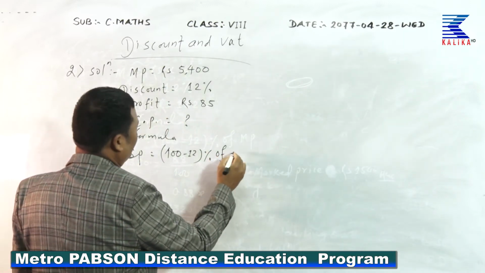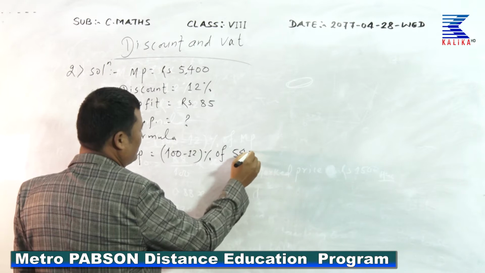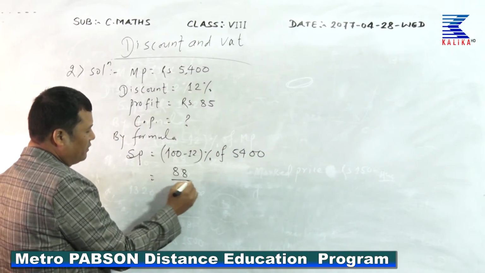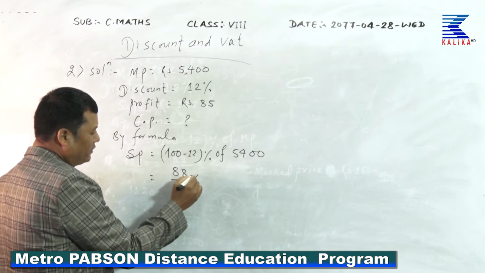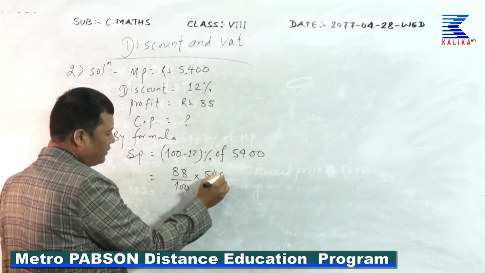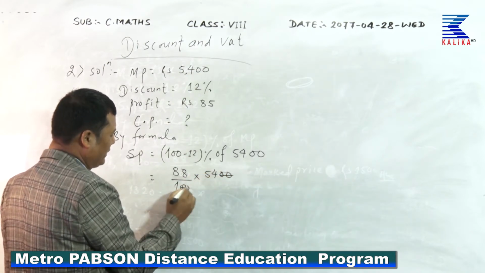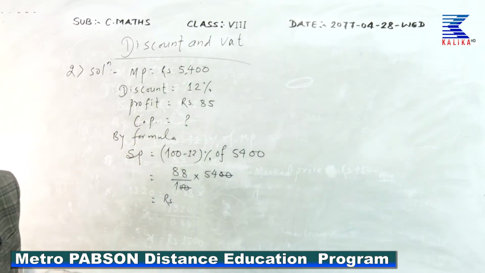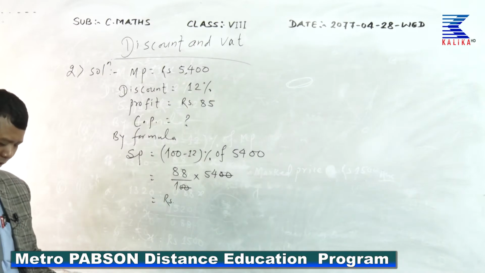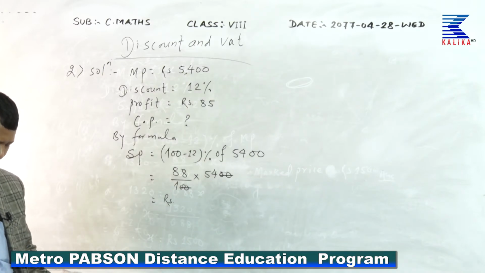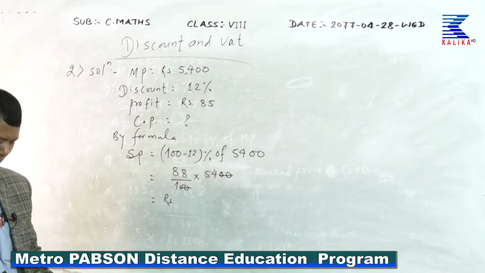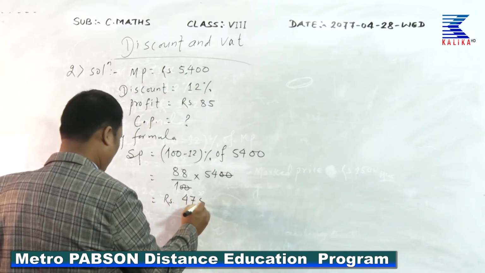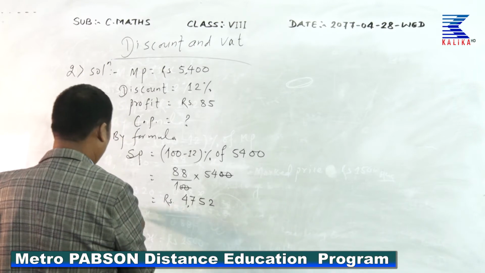What is MP? 5400. 88 by 100 into 5400, 20 cancel, 88 into 54 is 4752.